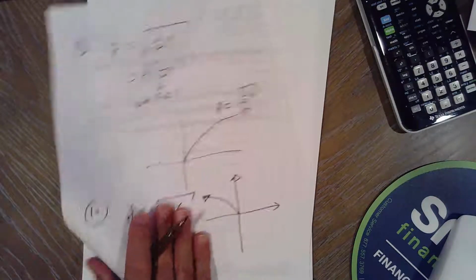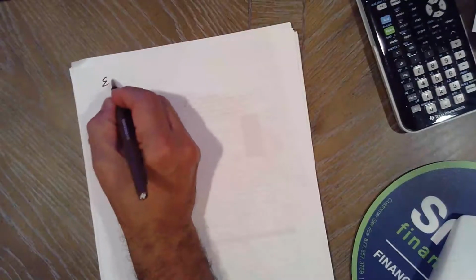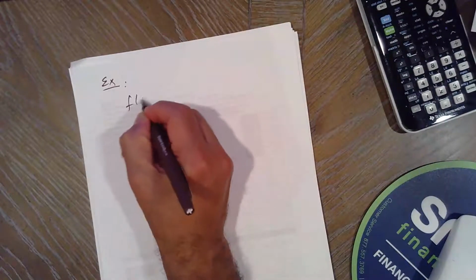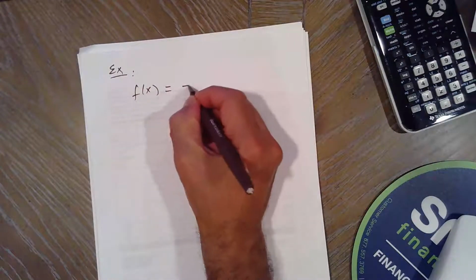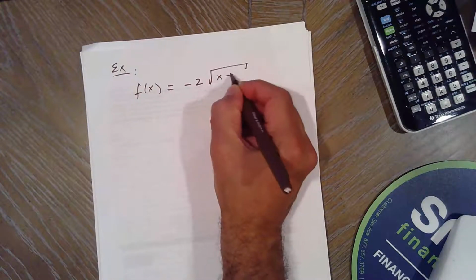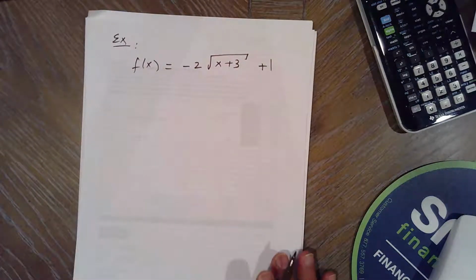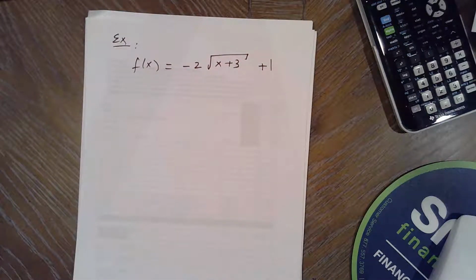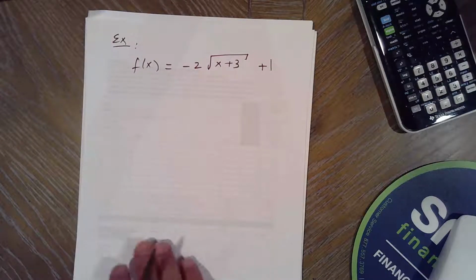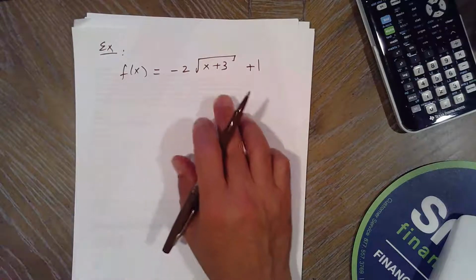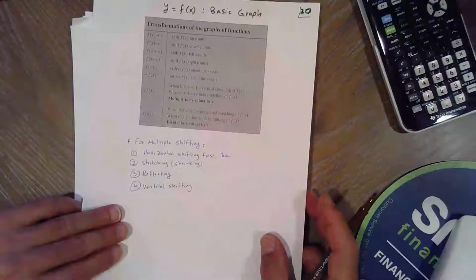And if you have f of x equals negative 2 square root of x plus 3 plus 1, okay, so when you have multiple shifting, this is what the handout is for.